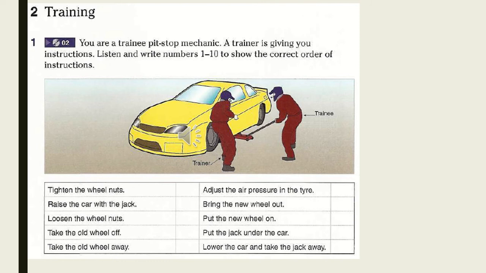Yes. Right. Now pick up your wheel gun again and tighten up the wheel nuts. That's done. Good. Now lower the car. And take the jack away. Done it. And of course, finish off by taking the old wheel away. Just roll it away and put it over there. Okay.